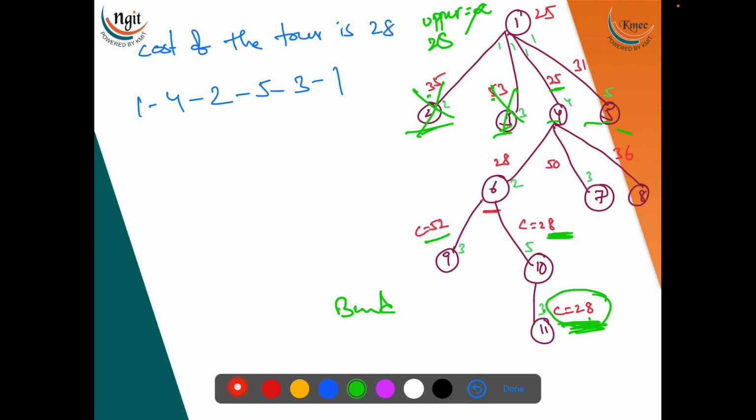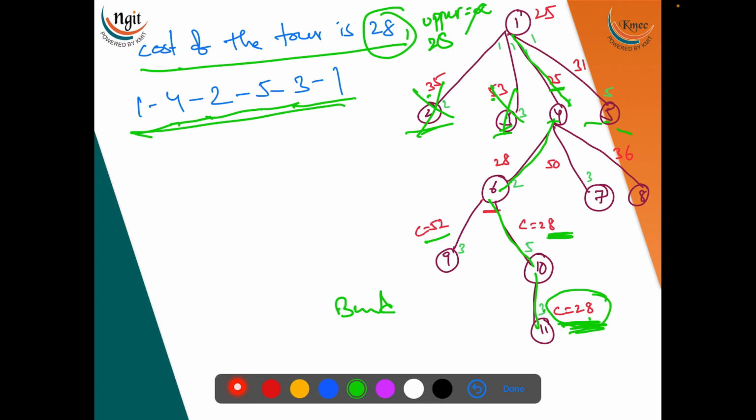We are not going to kill this 25 because this is the final solution. The path I am considering is the final solution. Apart from this cost, all other nodes will get killed. Now the final tour is 1 2 4, 4 2 2, 2 5, 5 3, 3 1. So with the cost of 28, he has visited these vertices in this order. So this is about the traveling salesman problem.